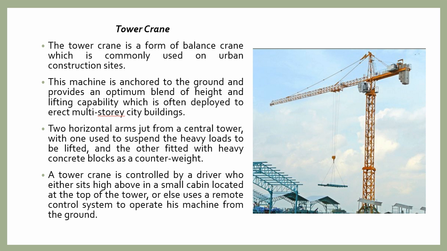Two horizontal arms jut from a central tower, with one used for suspending the heavy load to be lifted and the other fitted with a heavy concrete block as a counterweight.